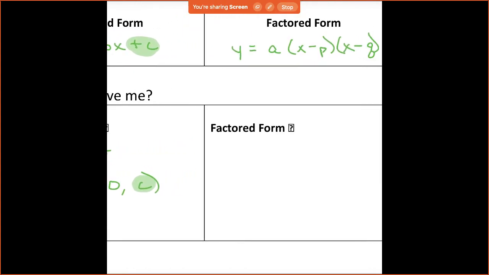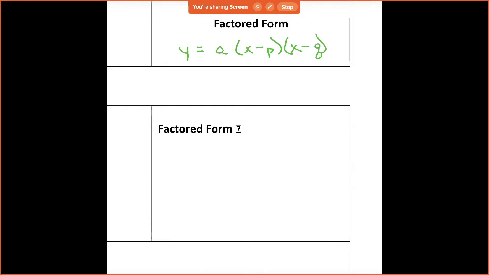Last one, factored form. Factored form is y equals a, and then in parentheses x minus p, and then another set of parentheses x minus q. In factored form, we can identify very easily the x-intercepts, which, remember, are opposites of the y-intercept.